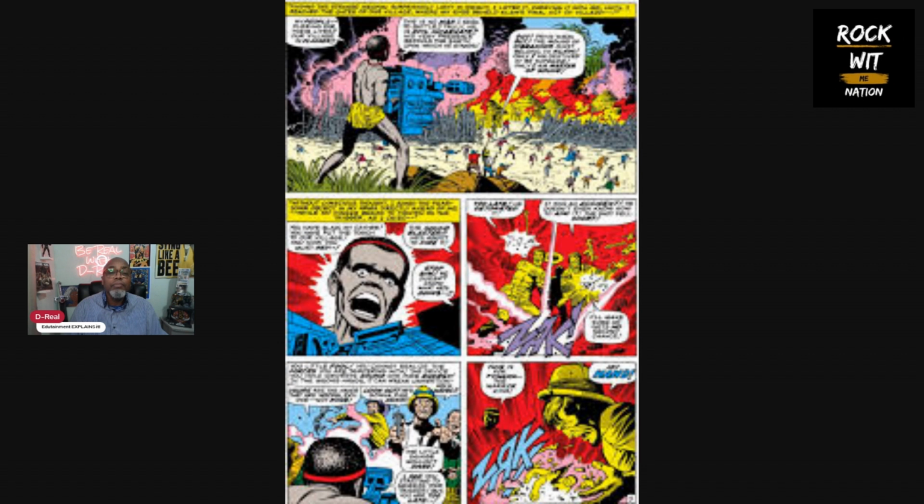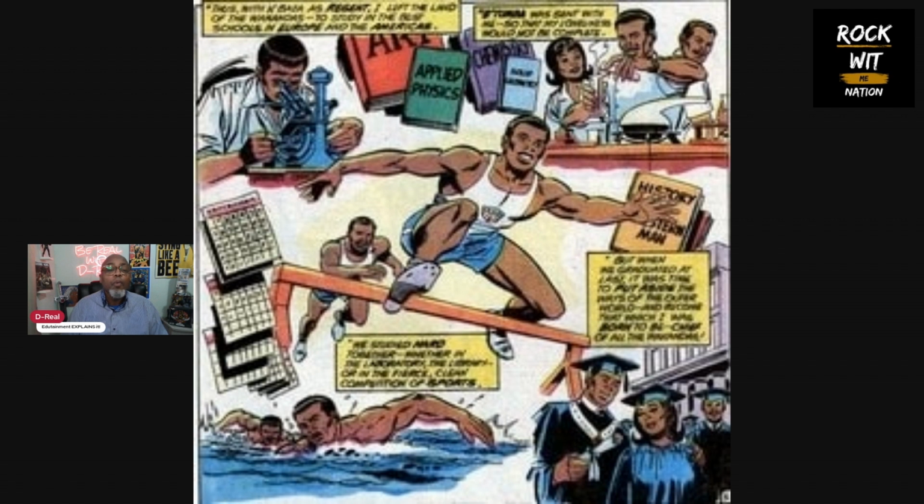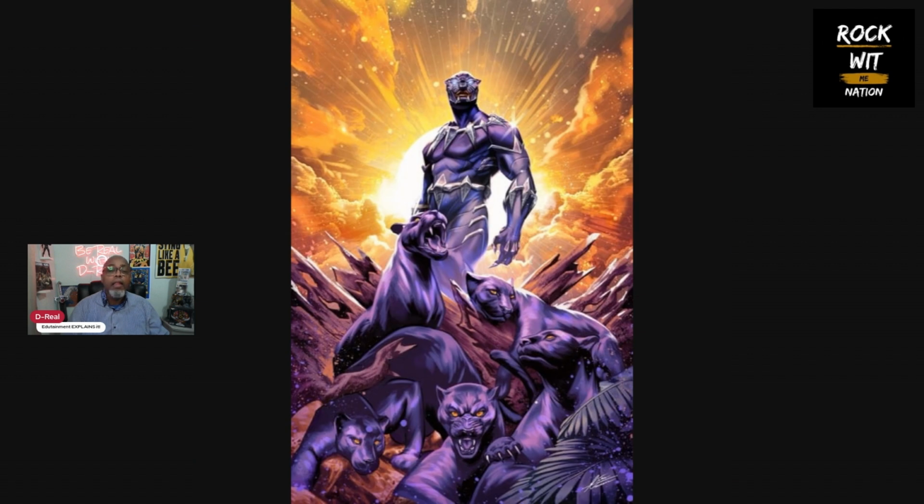After that, T'Challa used the weapon Klaw was using against Wakanda and disabled his hand. After all of that, he went through a bunch of training outside of Wakanda, inside of Wakanda, and eventually became the Black Panther. That's Ultimate Black Panther, but it's a Black Panther.